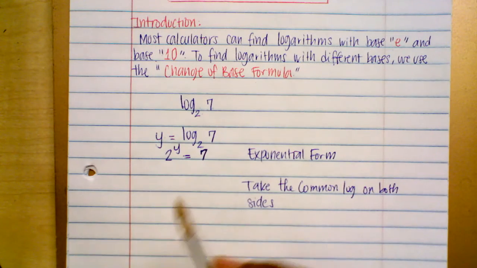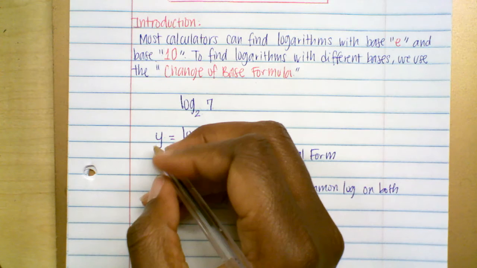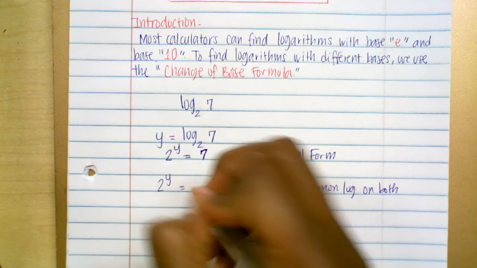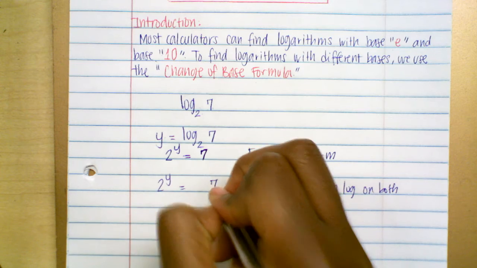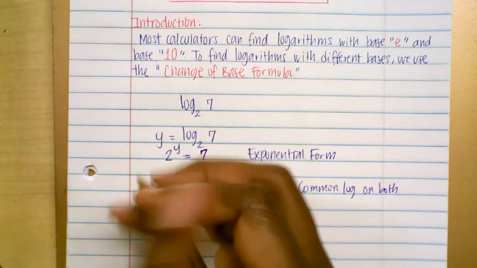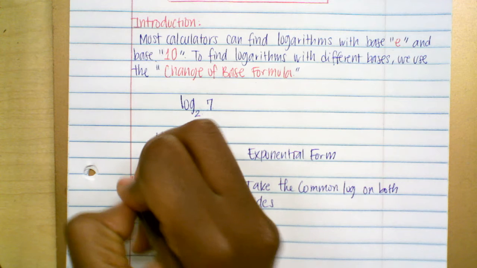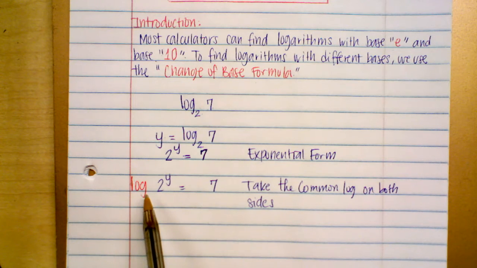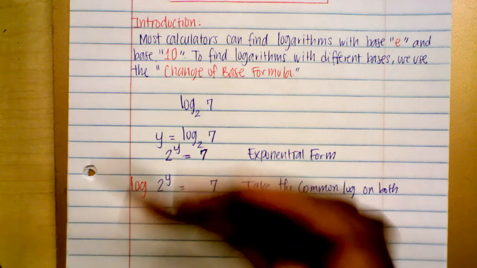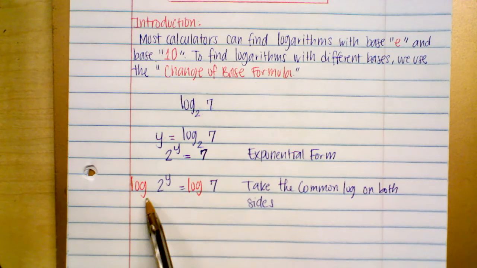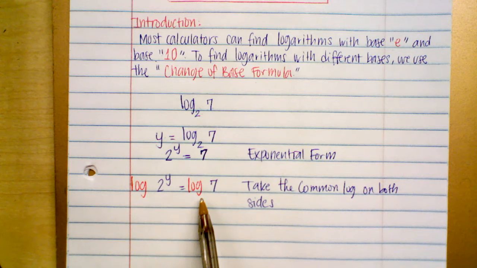You have 2 to the y power equal to 7. What I'm going to do is take the common log on both sides. Remember, for the common log, you don't need to write the base 10, but assume that the base here is 10.